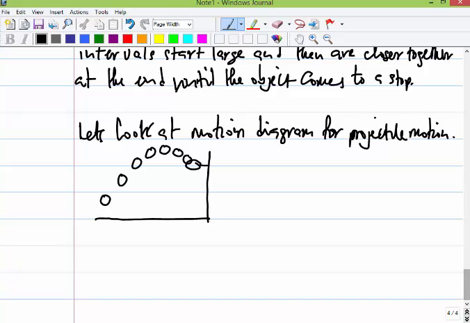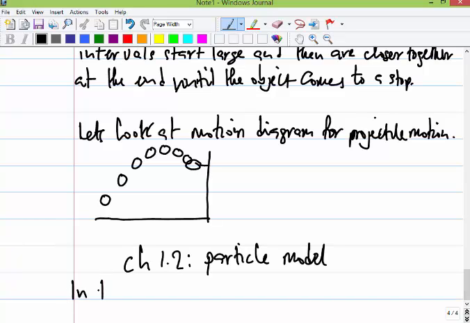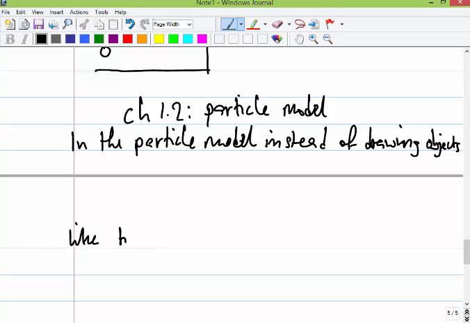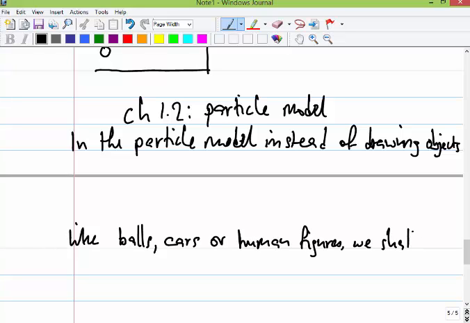So that's the idea of a particle model. Let's look at that next. In the particle model, instead of drawing objects like balls, cars, or human figures, we shall represent these as particles.